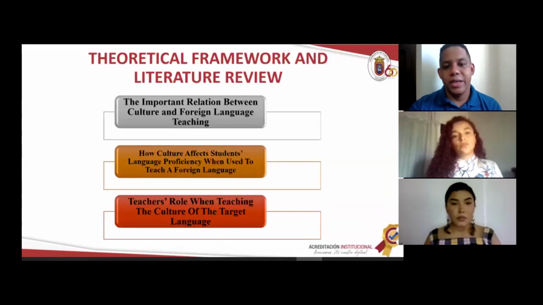This is where the researchers' opinions converge, saying that a student must be taught with cultural competence in order to learn the foreign language properly.